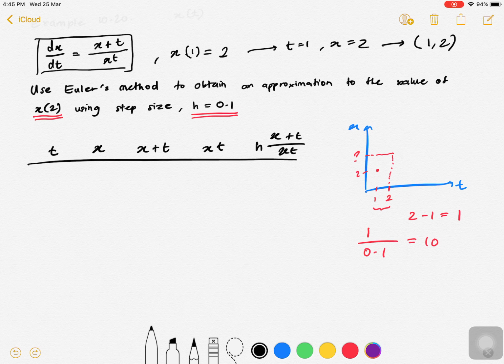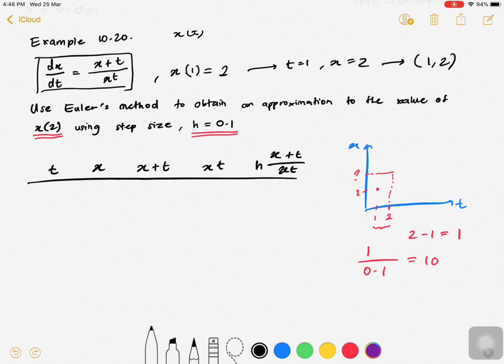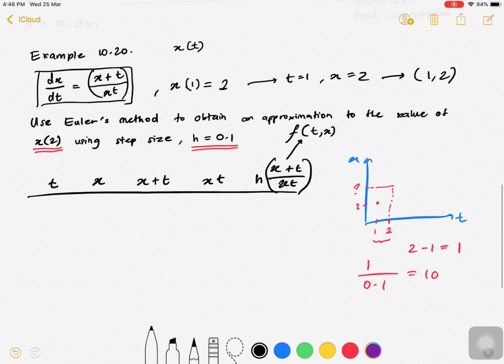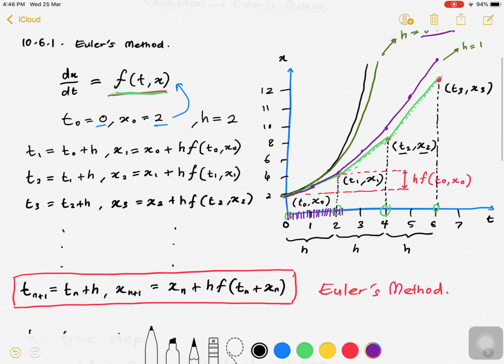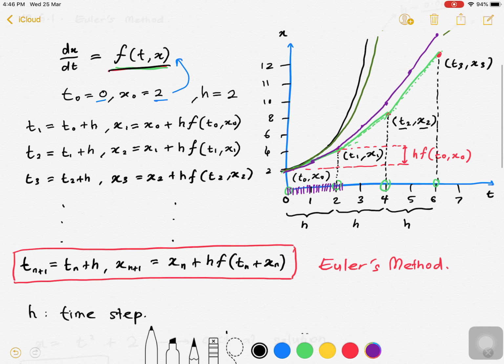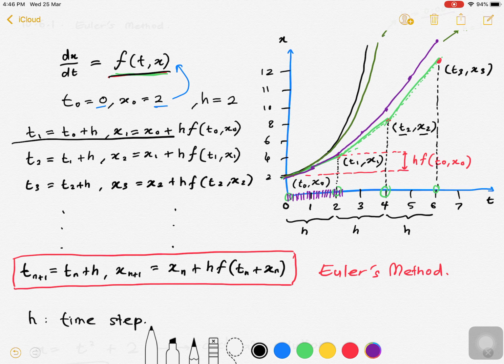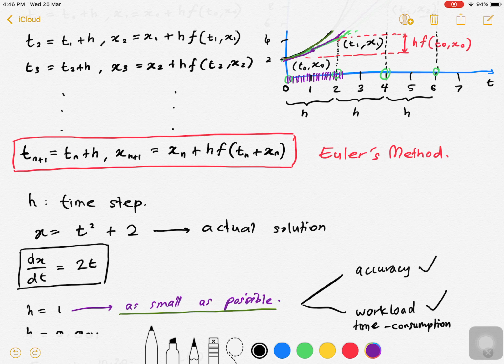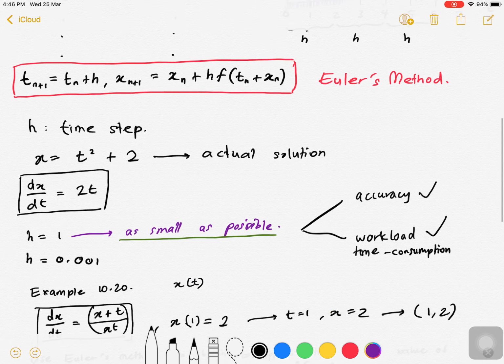What we are going to do is, this function is the f function, similar to the one in the formula, and we will use the same formula in this case as well.